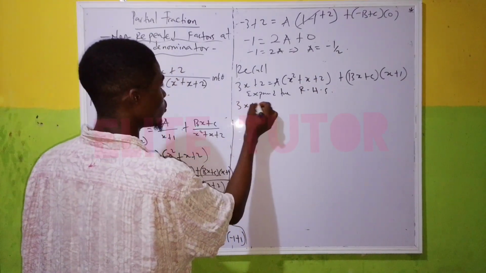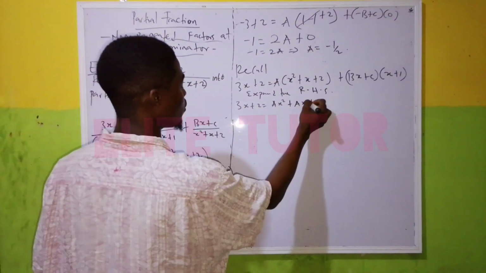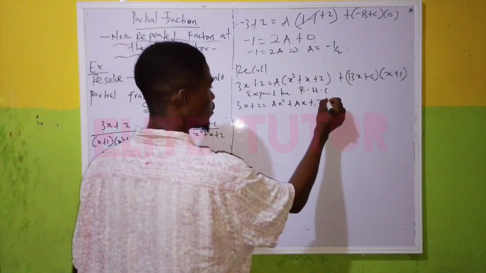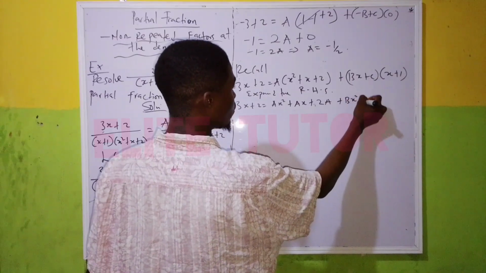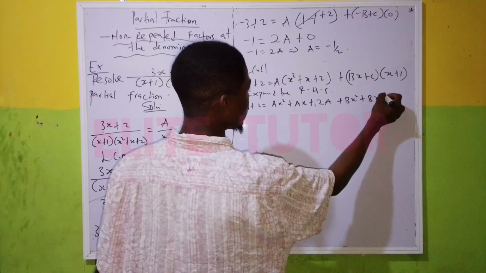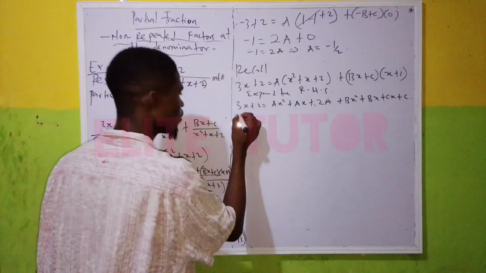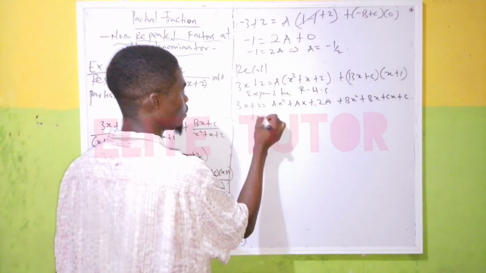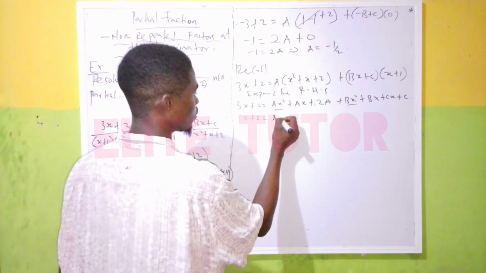So we are having 3x + 2 equals Ax² + Ax + 2A, plus Bx² + Bx plus Cx + C.